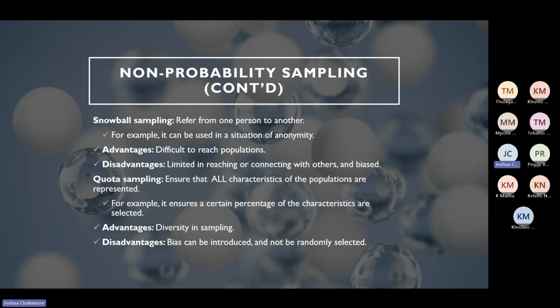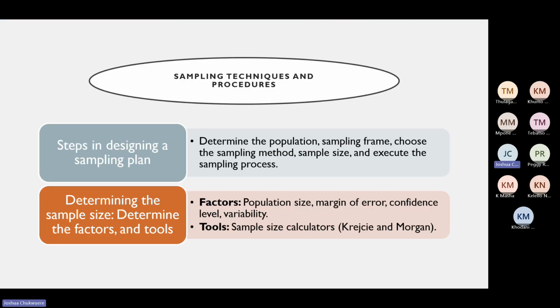You must be able to discuss, explain, and justify why you are choosing snowball sampling instead of using convenience sampling or judgmental sampling. And then you must be able to tell us how it's going to help you achieve your data collection, and how you're going to use it to achieve that. So these three aspects of your writing should be provided.